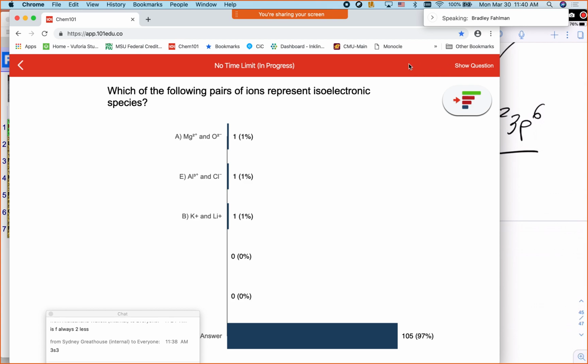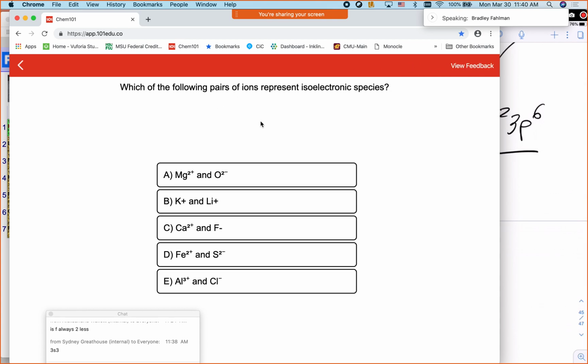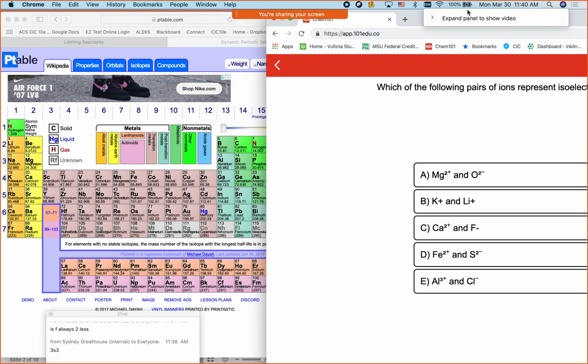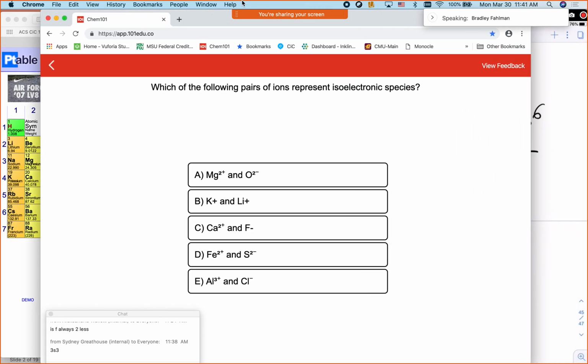Okay, configuration 4. And here's this term, isoelectronic species. That means which of these pairs has the same number of electrons? So I wonder if I can maybe overlay this here.